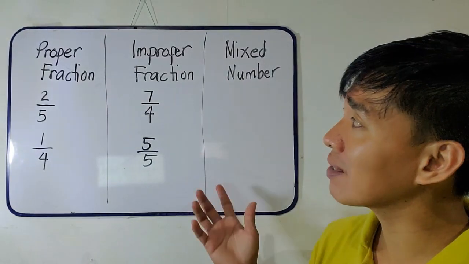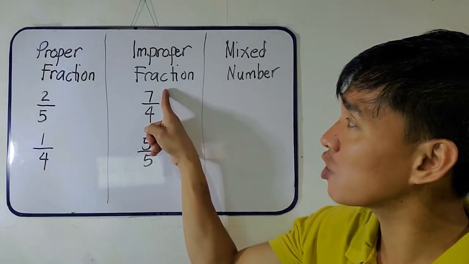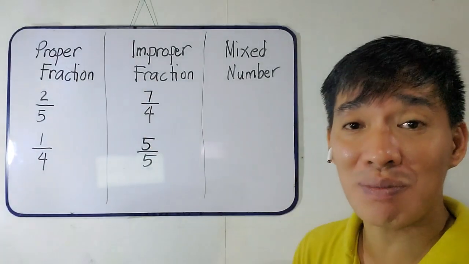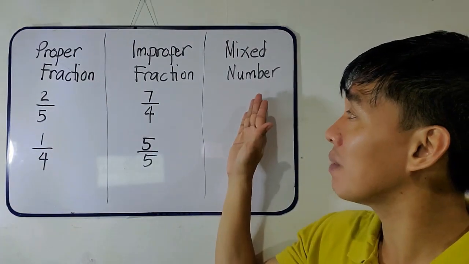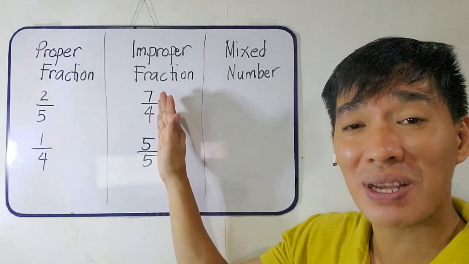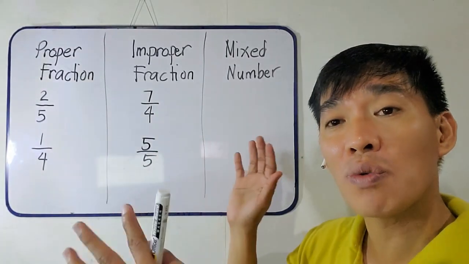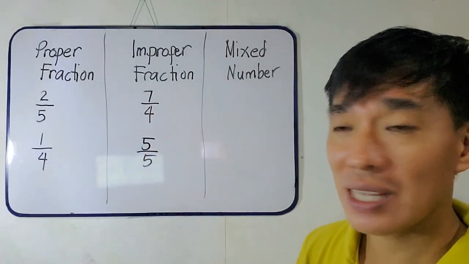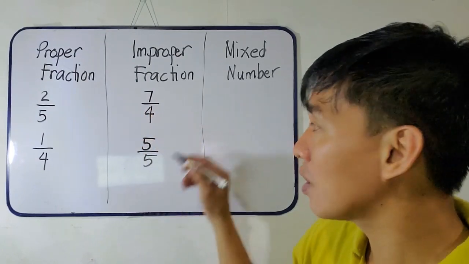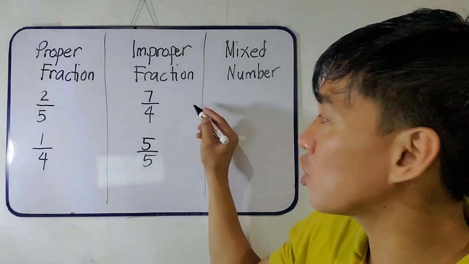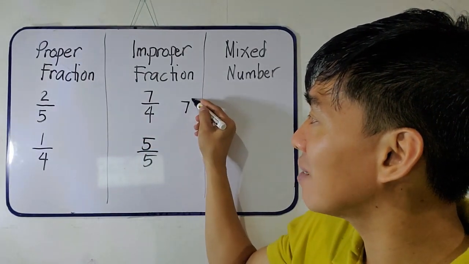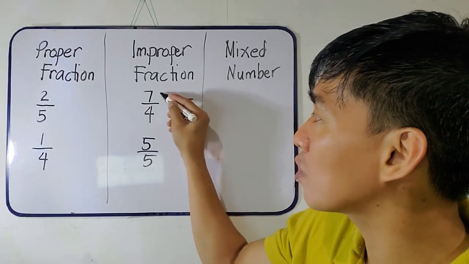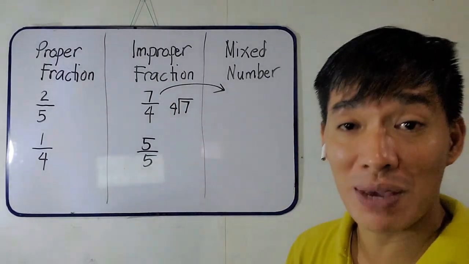Now, I just want to make it clear that an improper fraction can be expressed as a mixed number, and at the same time a mixed number can be expressed back as an improper fraction. So we can do the vice versa. For example, 7/4 means 7 out of 4. The meaning of fraction is division. So all you have to do is divide 7 by 4 in order to express it as a mixed number.